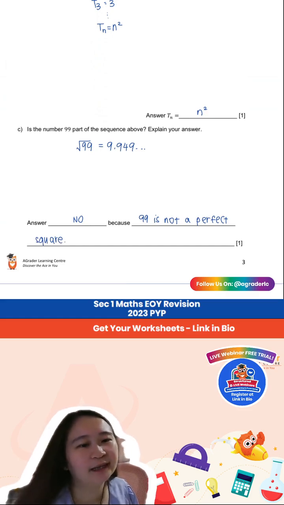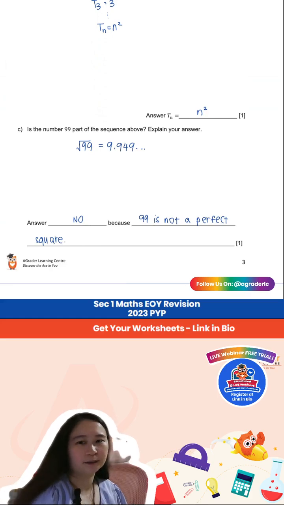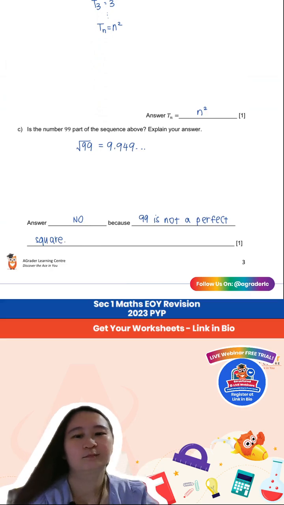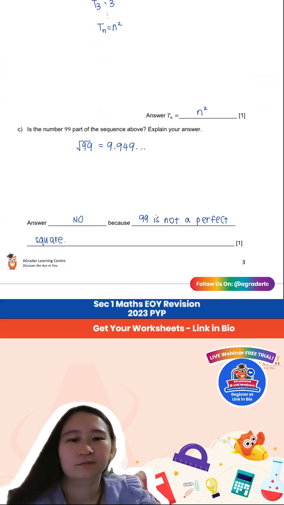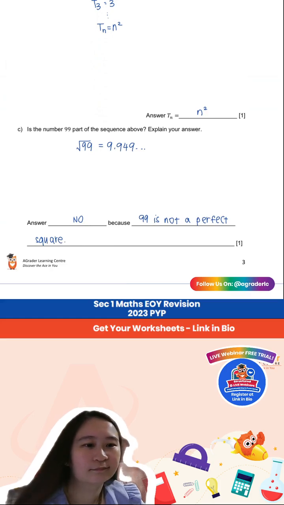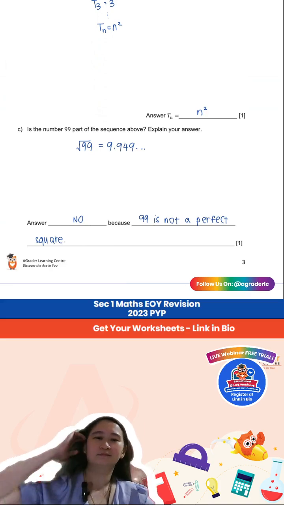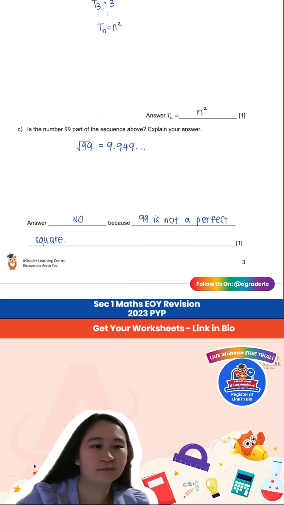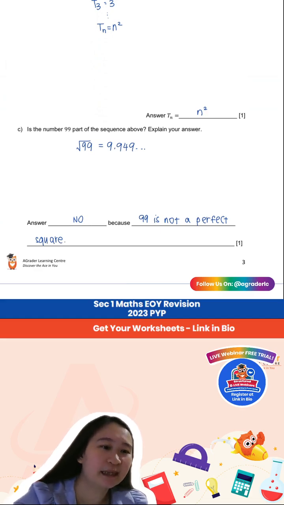Can also, if you write n is not a positive integer, also can. T stands for term. The first term, the second term, the third term.